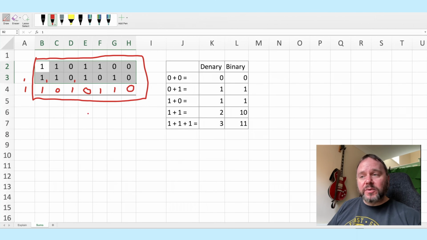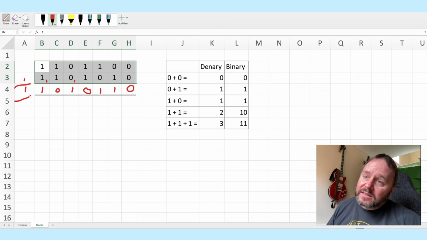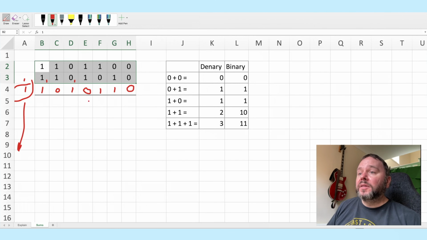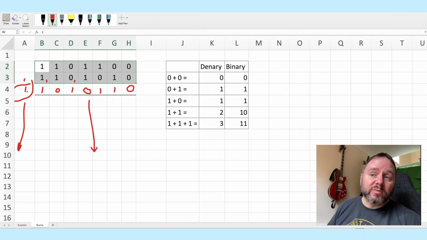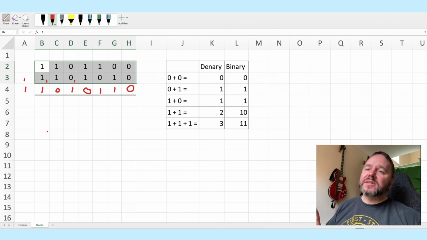So the way that you would deal with this is irrelevant to GCSE level. All you would need to do is say that you've got an overflow error. Okay, this is your answer, and you would write that down, and you would say that you've got an overflow error. The second thing to be careful of is the question may well ask you to write the answer out in a certain number of bits.